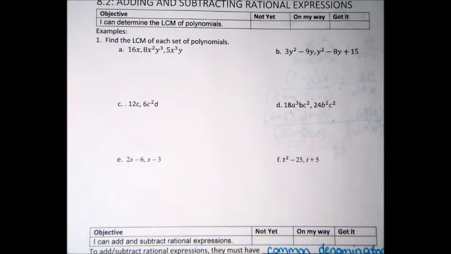I know that this is something you have done before with fractions, but you may not have done it with different variables or even with factors that include multiple terms. So that's what we're going to practice in A through F first.